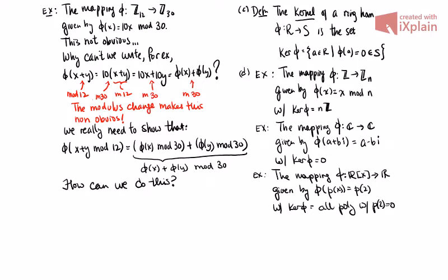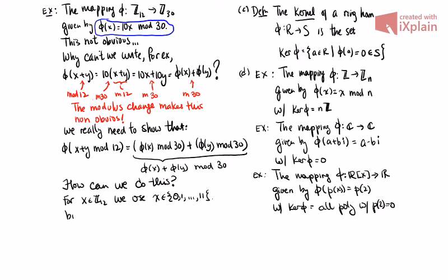And so the way to appreciate what's going on here is that when we say this mapping back at the beginning, this can sort of help us a little bit right here. This is a mapping from Z12 to Z30. So we can think about the numbers that go in as numbers from 0 to 11, right? So for x in Z12, we think of, let's say we use x in the set 0, 1, up to 11.